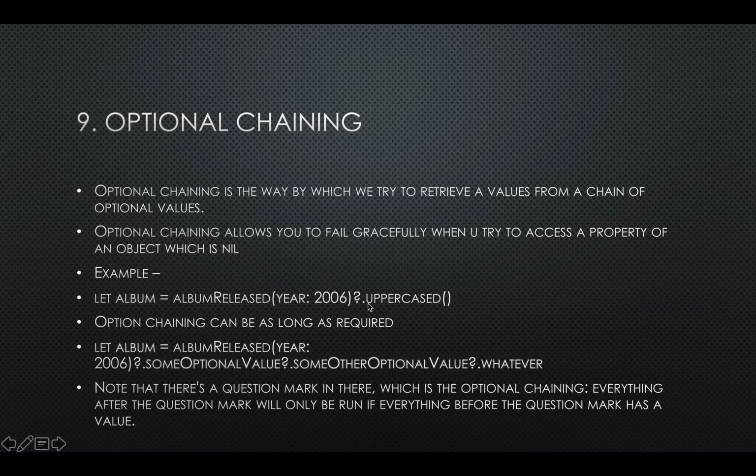If we want to convert it to uppercase, then we will say question mark. The question mark says that it is an optional chaining. So if this value is null, then the uppercase will not be executed, and your code will not crash over here if this value is null. So this is what optional chaining does.